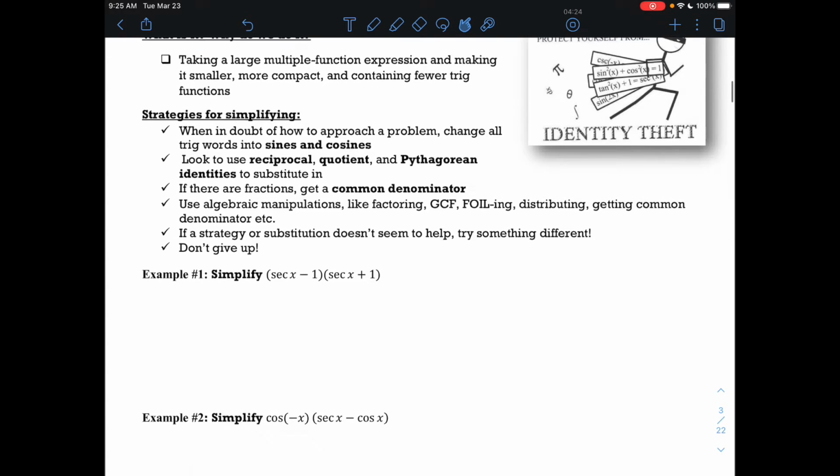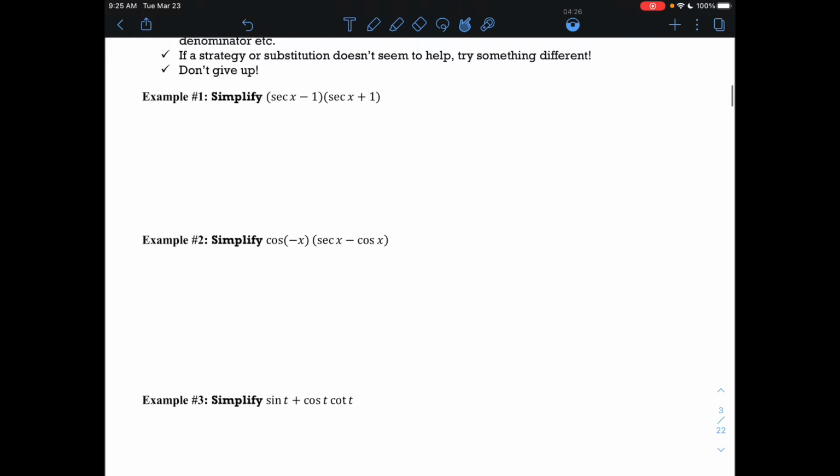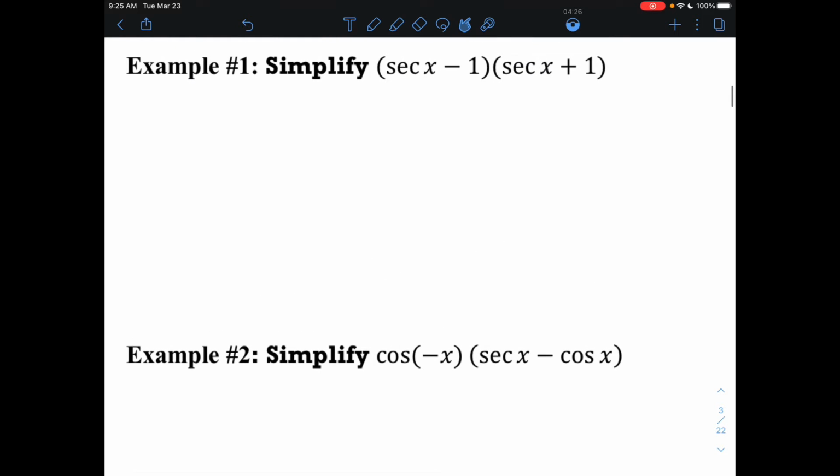Okay, so for example number 1 here, we need to simplify secant of x minus 1 times secant of x plus 1. I'm going to take a look at this, and my first thought is, I know there's a Pythagorean identity that has secant squared with tangents.